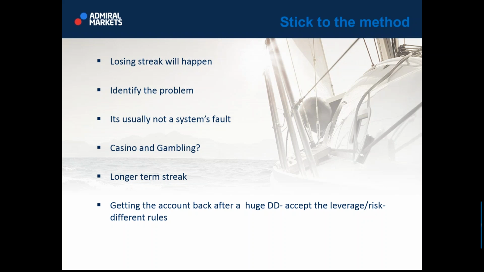There are various reasons, okay, for a losing streak. It's usually not about the system. Identify the problem and you will see that it's not a system fault. Okay? It's usually your mind, or improper stop loss placement, or maybe a news announcement which hit your stop loss.